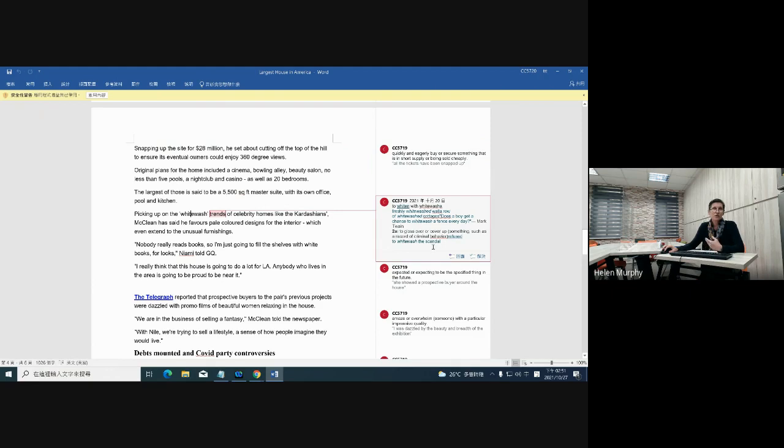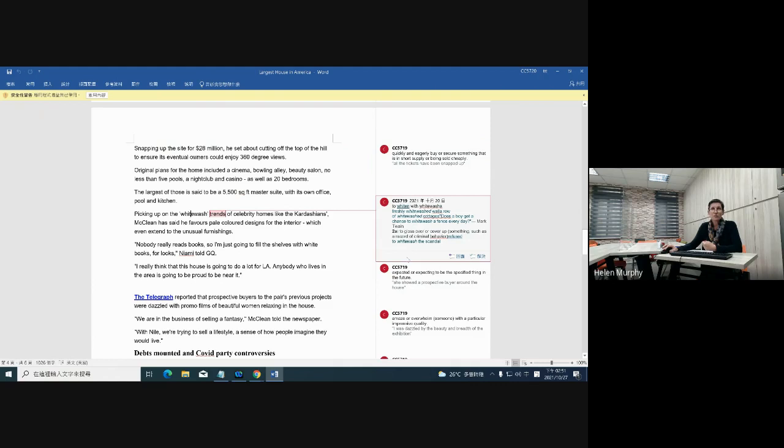And whitewash just means to apply a coat of whitewash or white paint over something. So a freshly whitewashed wall would be a wall that is freshly coated with white paint.